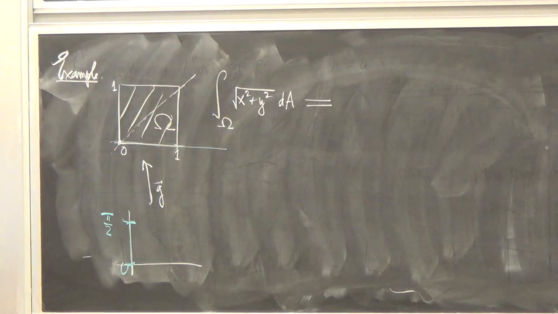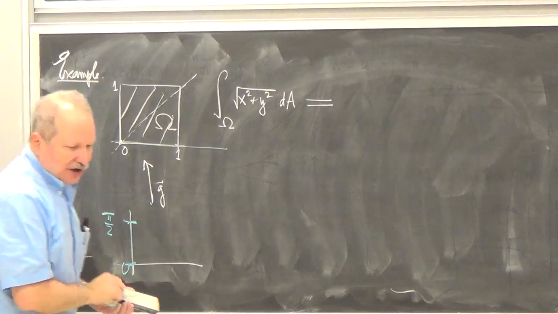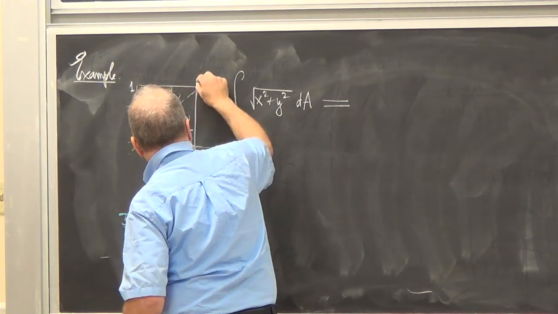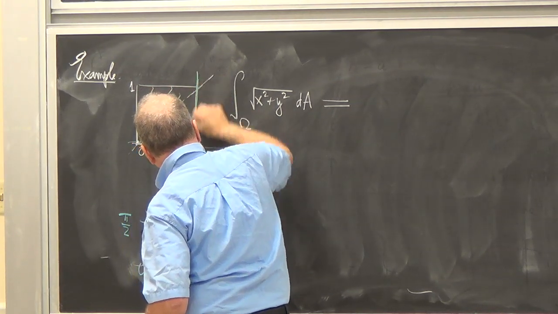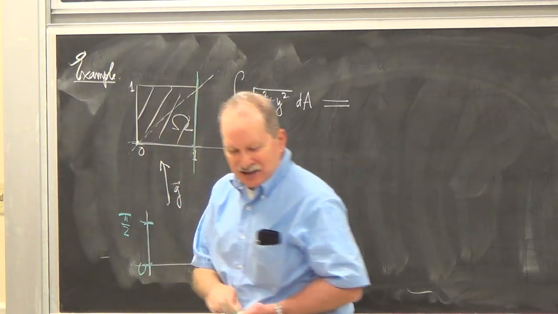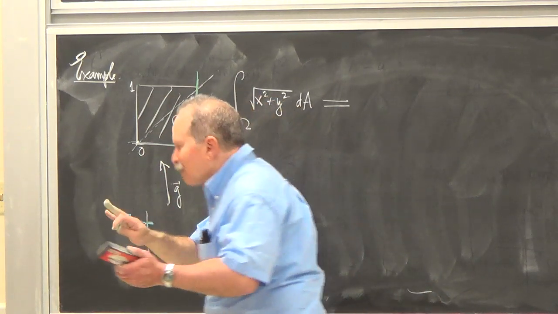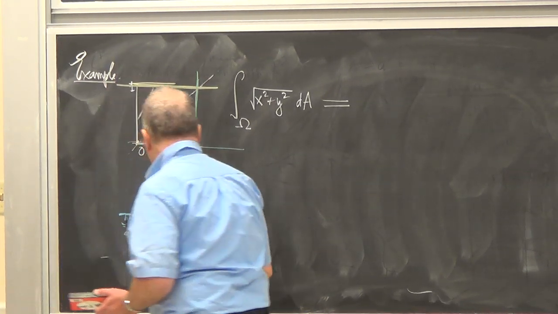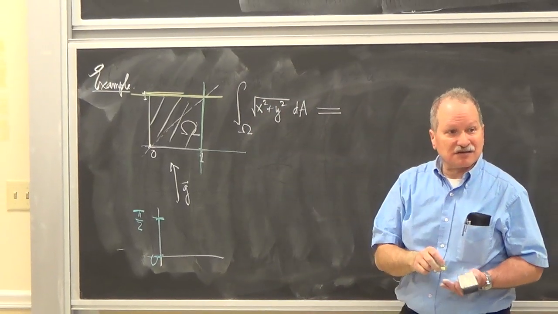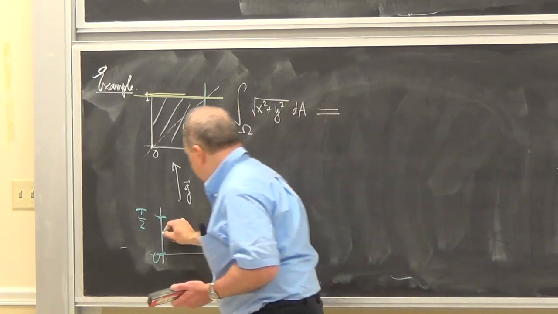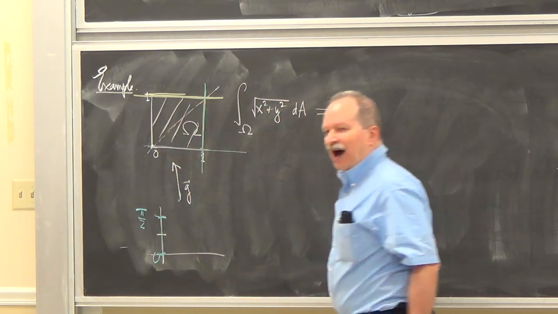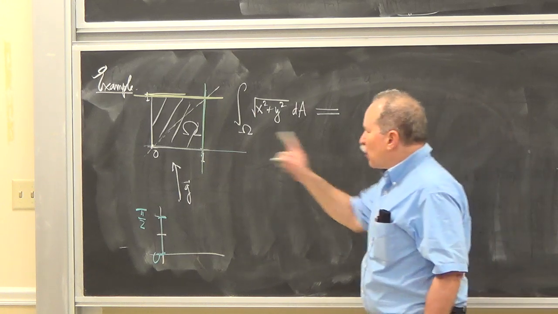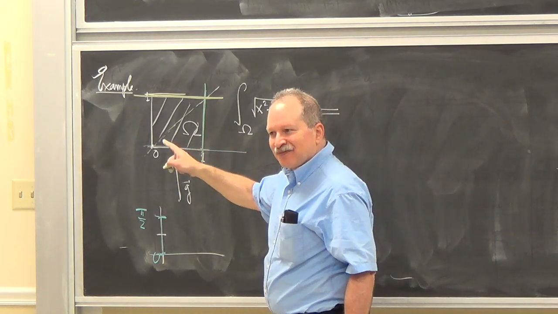If you draw the pi over 4 line there, in the lower piece, r is being determined by hitting this line, whereas in the upper piece, it's being determined by hitting the upper line. So you're going to have two different integrals. Well, because it's symmetric, you only have to evaluate one of them. Ah, so the intelligent student will say, I don't want to mess with this problem, and stop there.